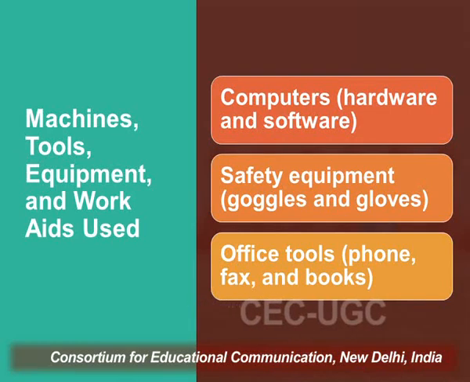For example, what kind of computers you will be using, any particular hardware or software that will be used in performing your job, whether you require certain safety equipment like goggles or gloves in performing a particular job, and what other office tools like phone, books, fax, printers, what machines or office tools you will be using, or work aids you will be using in performing your job.